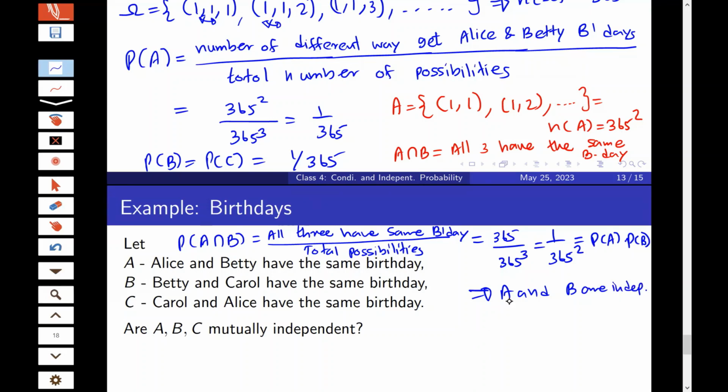Similarly, we can say A and C are independent, and B and C are also independent, because we have to do a similar calculation.